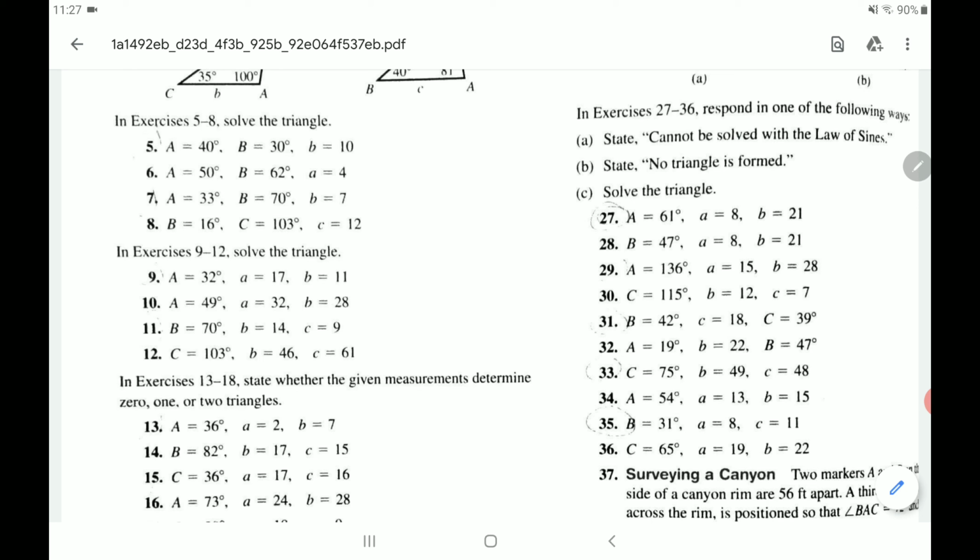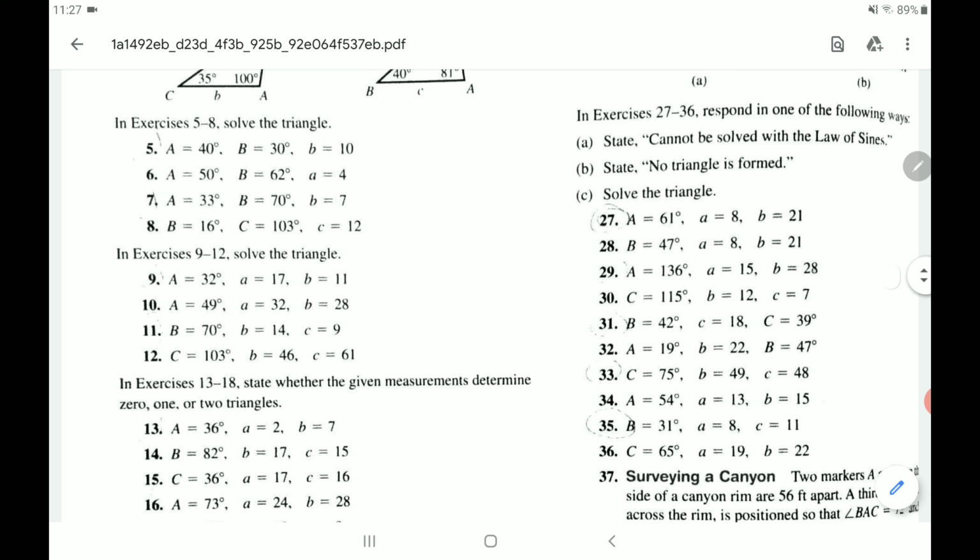All right. So for the rest, to see if there's no triangle formed, see here they give you angle A. Is A less than the height? Okay, here, angle A again, is A less than the height? If it's less than B, you have to say, is it less than the height? If it's greater than B, just go ahead and solve for it. Okay, so here they give me 2 angles.